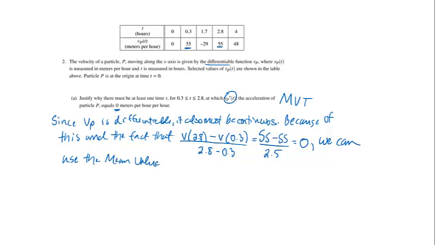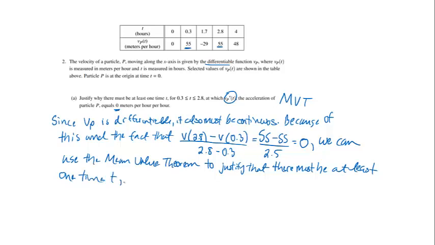We're going to spell out mean value theorem, not just put MVT, to justify that there must be at least one time t between 0.3 and 2.8 at which v prime of t equals 0. Notice I'm just restating that.